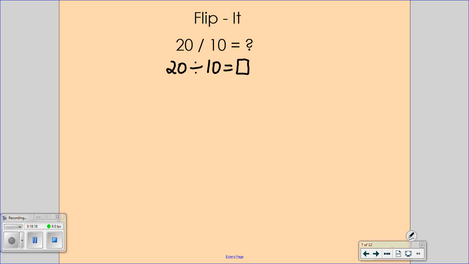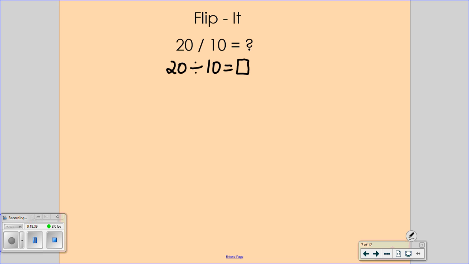The best way I can tell you to flip it is to think back to your part, whole. When we write a division problem, what are we starting with? Am I starting with a part or the whole? Whole. I always start with the whole. I got a bunch of donuts.